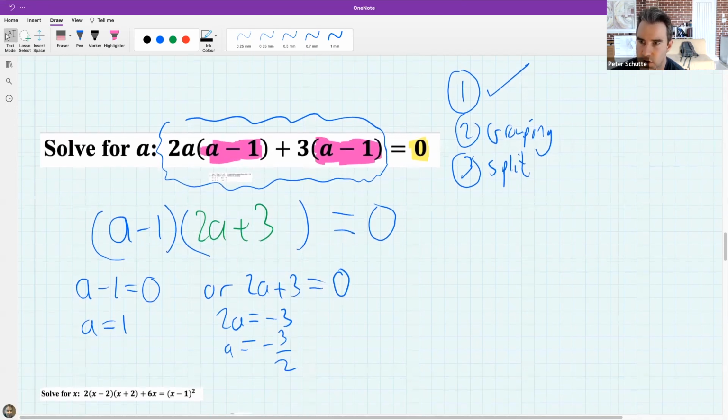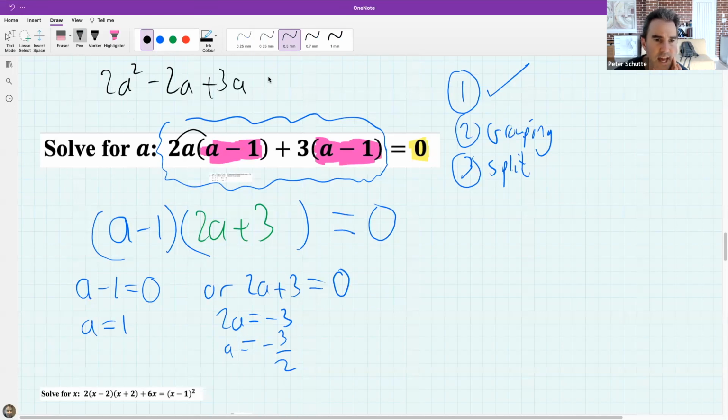Yeah, Siyabonga, let's go to you. Hi, sir. Hey. So I wanted to ask, would the answer still be the same if we multiplied inside the brackets? It would, yeah. So if you did this, so you went 2a squared minus 2a plus 3a minus 3 equals 0.